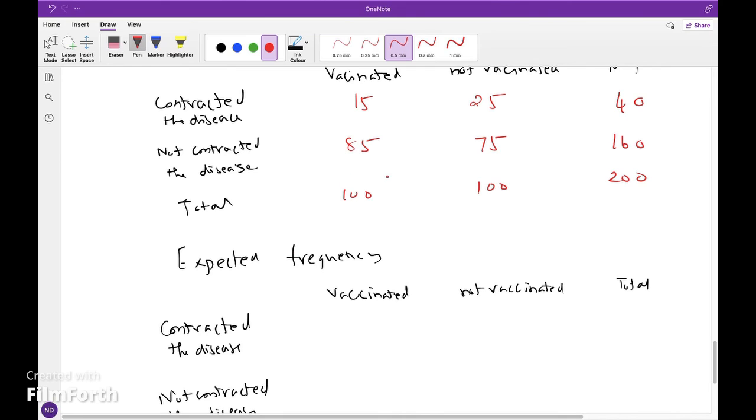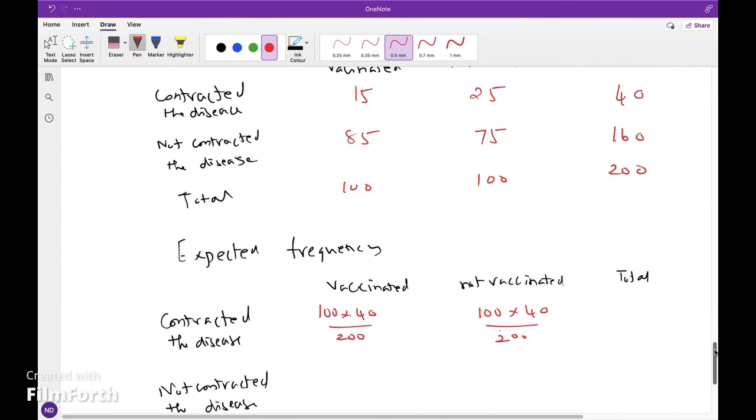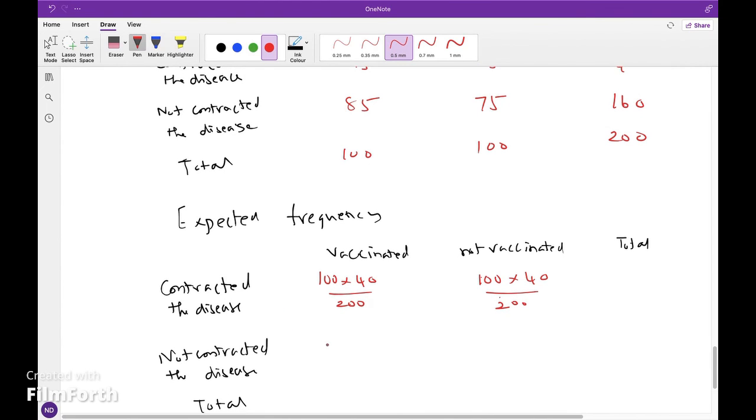Contracted: 100 into 40 divided by 200. Not vaccinated: 100 into 40 divided by 200. Then 100 into 160 by 200, the same because the total is the same, 200.